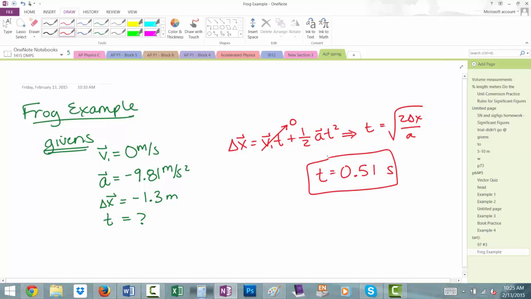If you didn't say they were going to hit at the same time, which one did you think was going to hit the ground first? Ball A, the one that was just going straight down. I think that makes a lot of sense, doesn't it? Why did you think ball A was going to hit first?